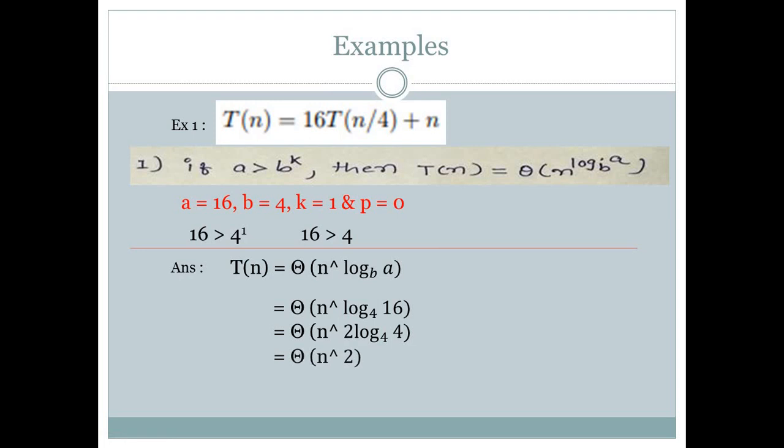So our answer will be n raised to 2. In general form, the answer for the recurrence relation 16T(n/4) + n is theta of n squared. For this recurrence relation we applied case number 1 and found the solution, theta of n squared.